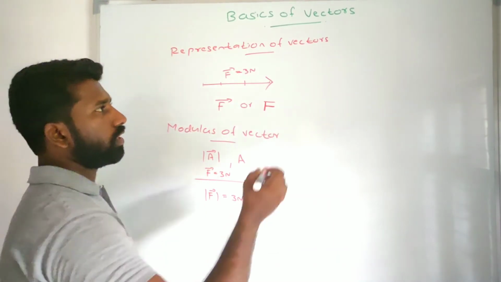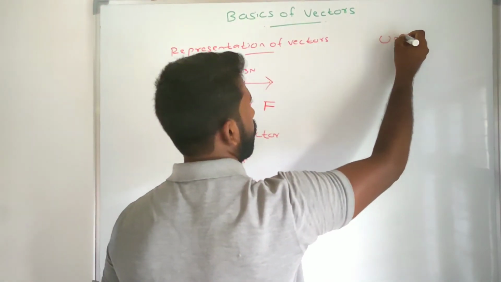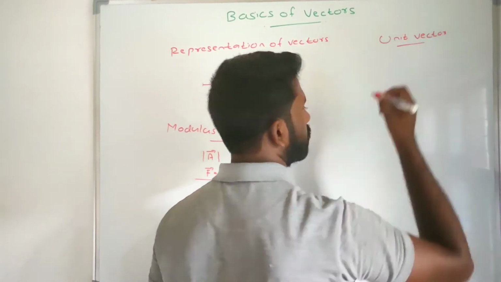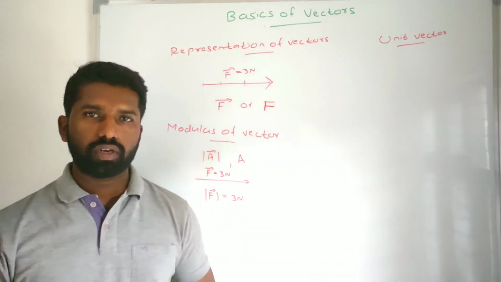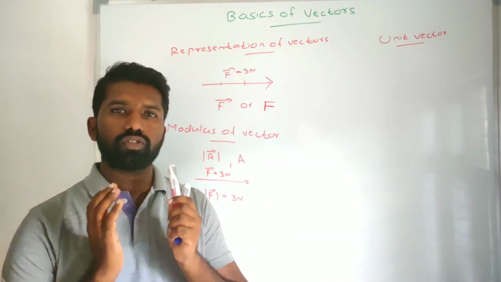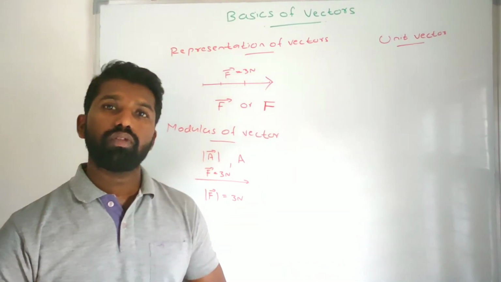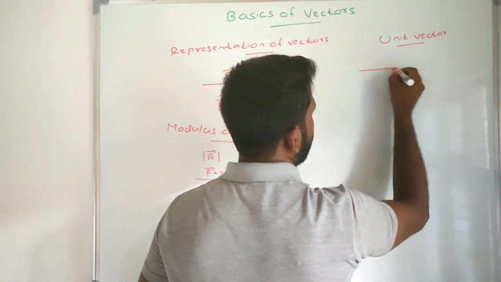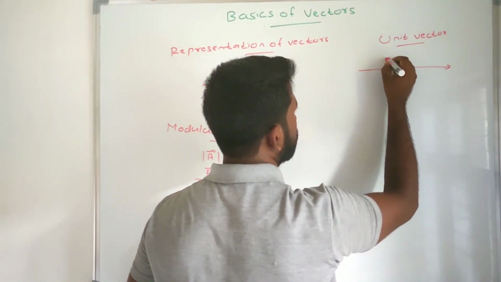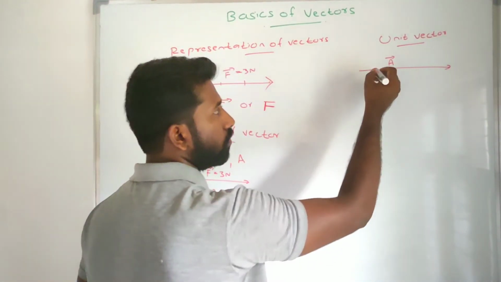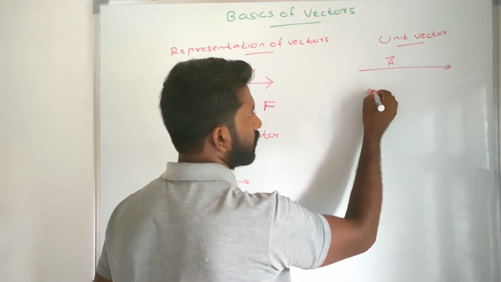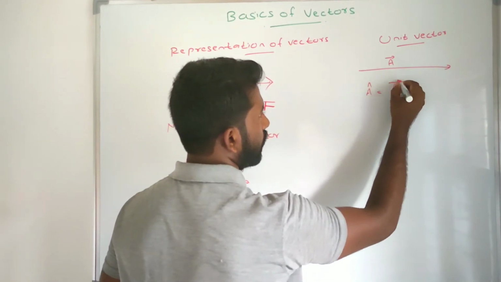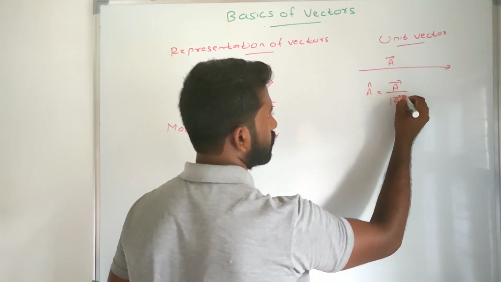Next, unit vector. The unit vector of a vector has the same direction as that vector and its magnitude is unity. That means if this is a vector A, the unit vector of this vector is represented by a cap over it. How can you find it? A vector divided by its modulus.